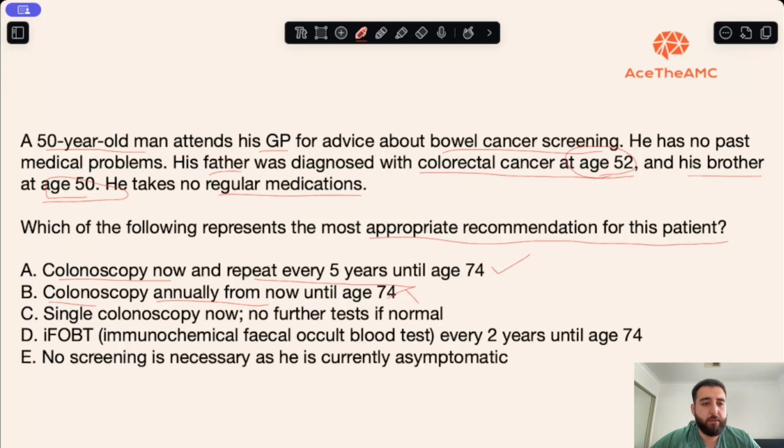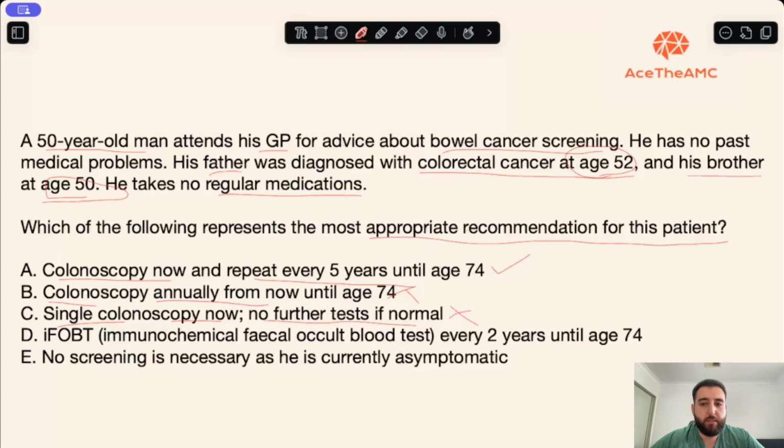Option C, single colonoscopy now and no further test if normal. This is incorrect because a moderately at risk patient such as ours requires ongoing surveillance every 5 years because of the elevated risk. Keep in mind that their risk is 3 to 6 times that of the general population. In terms of option C, when would a one-off colonoscopy make sense?